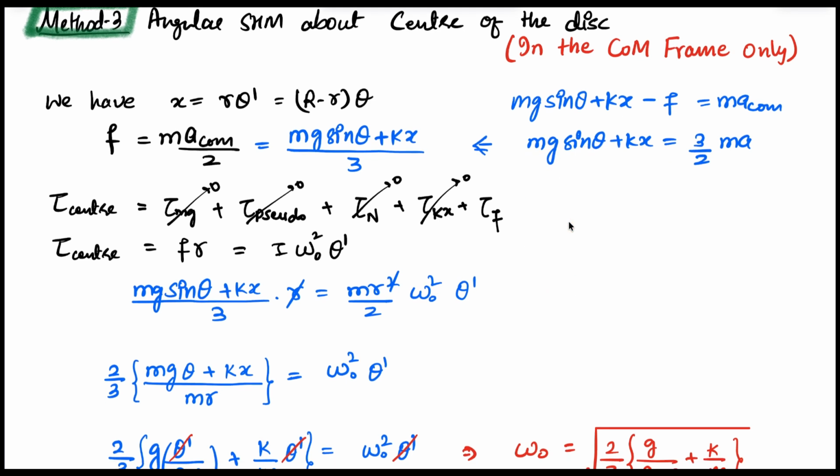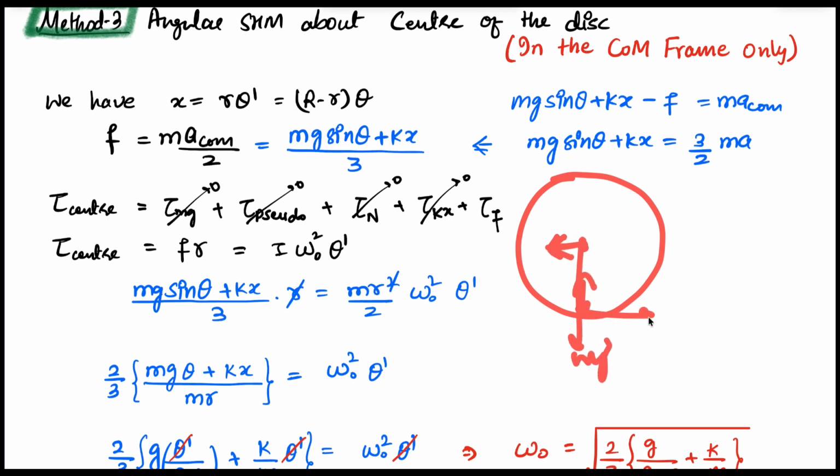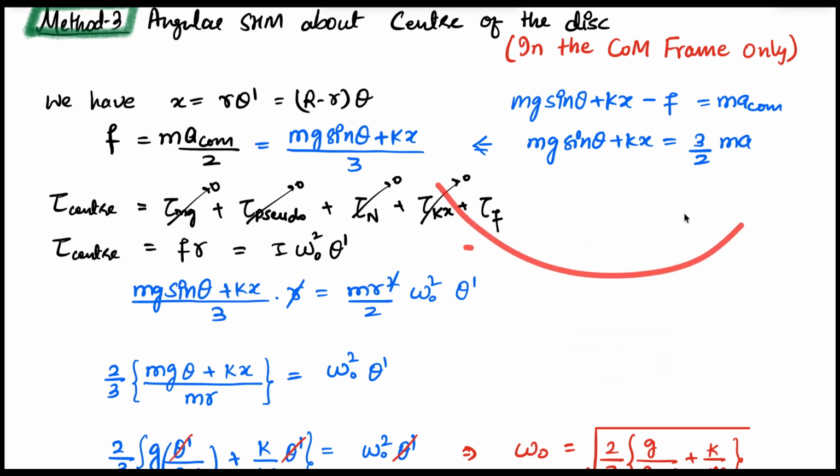For this, if you observe what all forces will be acting on it, when it is displaced a little, here we have mg sin theta, kx, normal will be from here, mg will be there, friction will be there, and kx I already said. And because you're sitting in the accelerated frame, the center of mass, once it is shifted from here to here, is having forces acting on it.